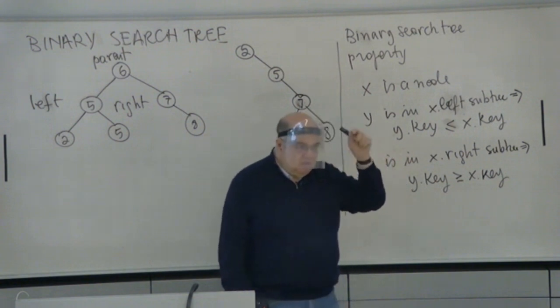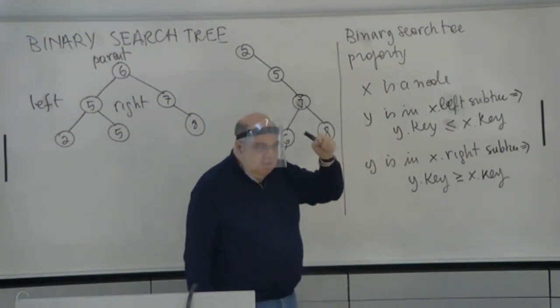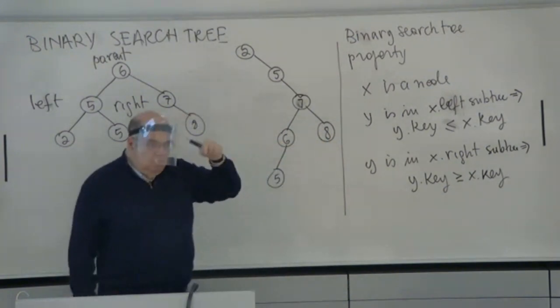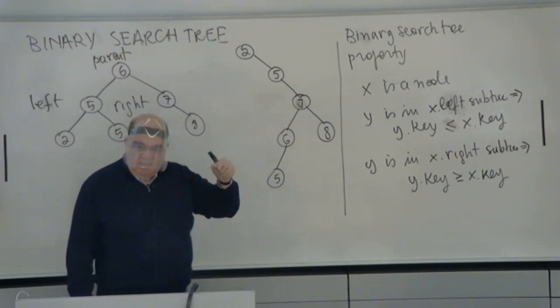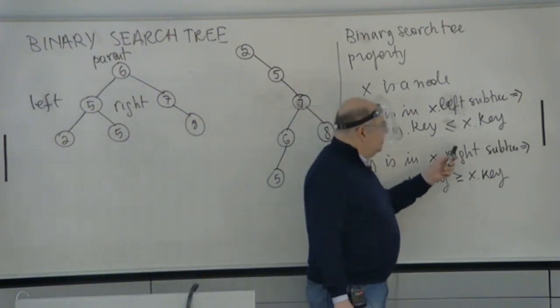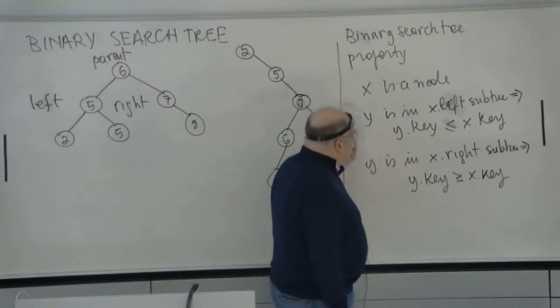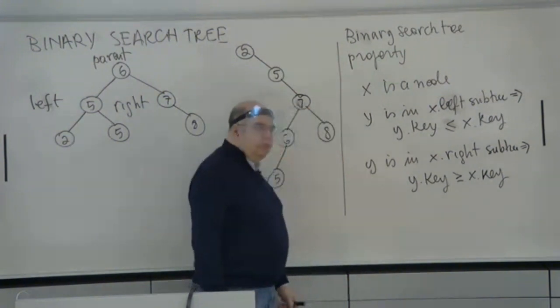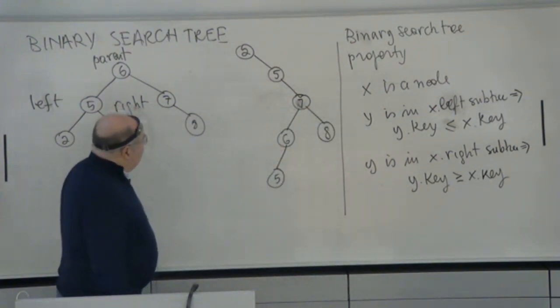So only the node was bigger than, or depending on the max heap or min heap, was greater than or equal to its two children or something like that. That was the only requirement, the heap property, max heap or min heap. In this case, the property is far more rich because it says something about all the nodes.